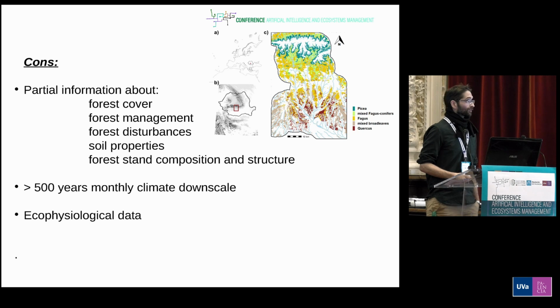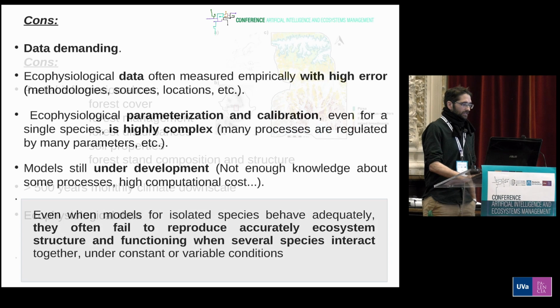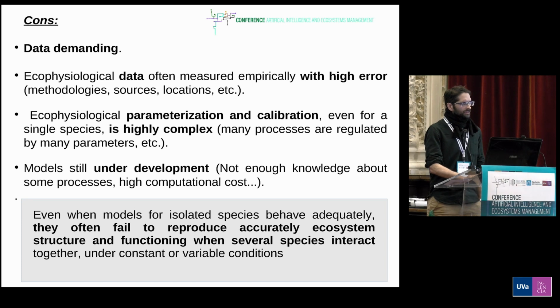The problem is with the ecophysiological data. This is the real problem here. We were already using artificial intelligence, but we have the big problem with the ecophysiological data, because of the huge amount of missing data, because of the high error of the measurements, because the data are taken locally, and because of many other things.